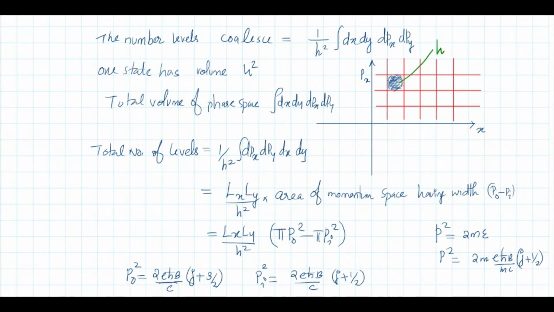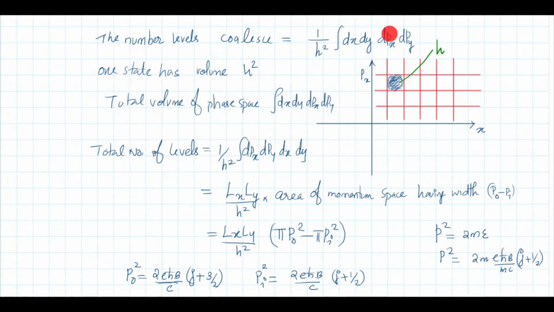So how many states are there in this phase space? You calculate the area of the allowed region of phase space, then divide by this fundamental area. You will get the number of states. In a system with 2 degrees of freedom, the phase space will be 4-dimensional. It is not possible to draw that phase space.